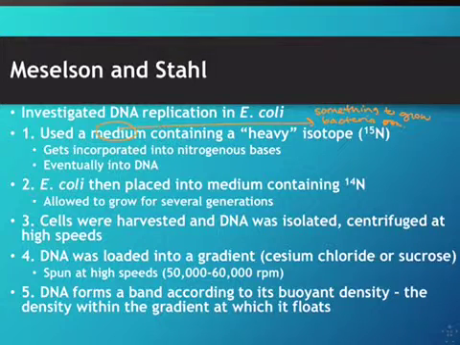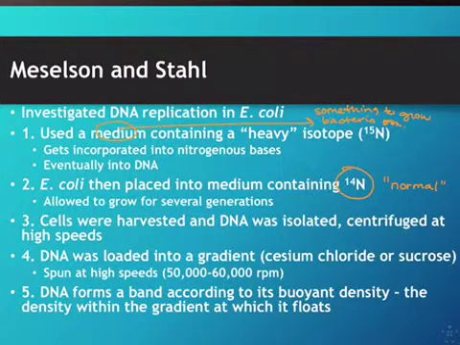Then he took E. coli cells from that nitrogen 15 medium and placed them into a medium containing nitrogen 14. Nitrogen 14 is what we call the normal form of nitrogen. And then again, he allowed that E. coli to grow for many generations.